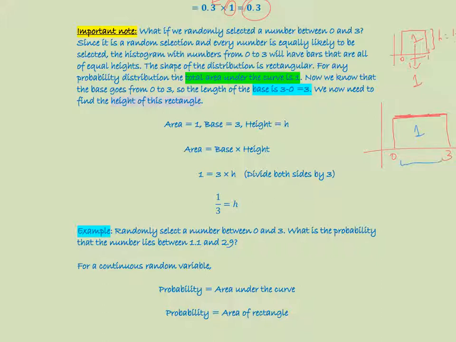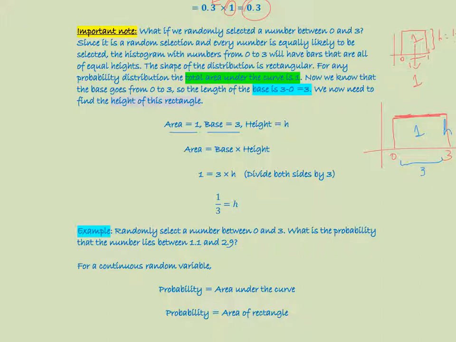In this case, the base is equal to 3. Now all we need to do is figure out the height, and we'll be able to do any sort of calculations of probability once that is done. So area equals 1. The base is 3 in this case, because now we're picking a number between 0 and 3 instead of picking a number between 0 and 1.